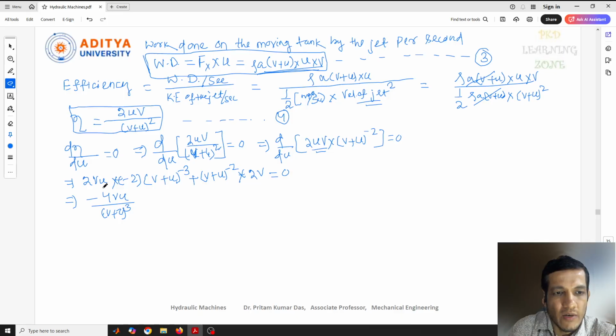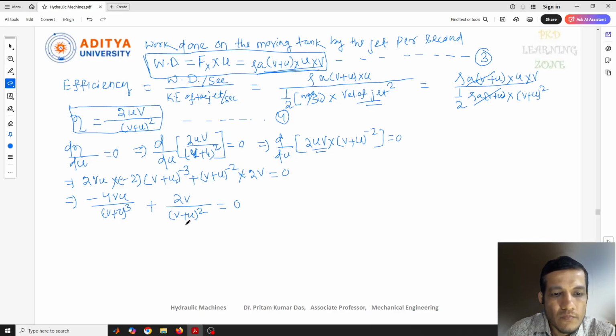Then again plus 2v, divided by (v plus u) square, equal to 0.